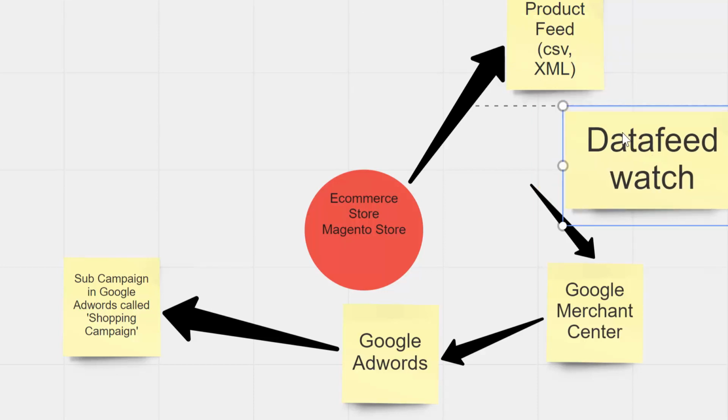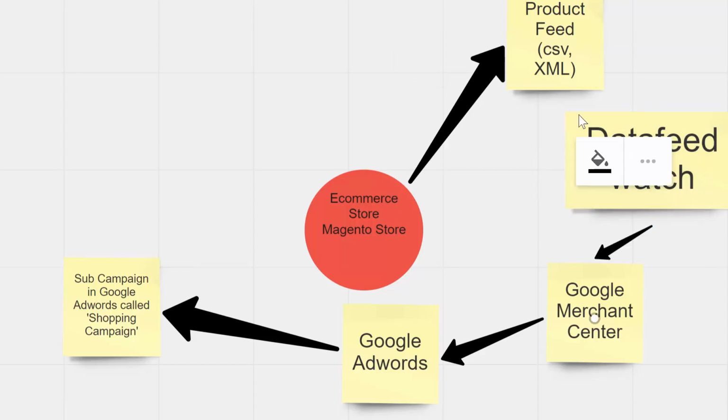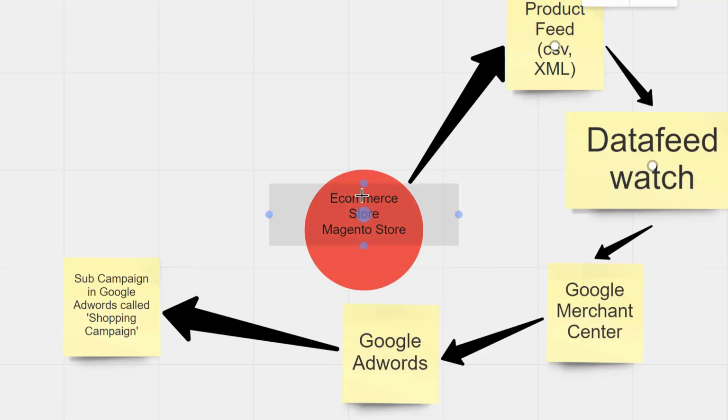What that does is it allows us to change the feed on the fly without having to get a developer involved. So when the feed is put out of the Magento store into a product feed, you can have certain control over it. We've got a team of developers who do the setting up of the feed, but Data Feed Watch allows me to change that feed very quickly.